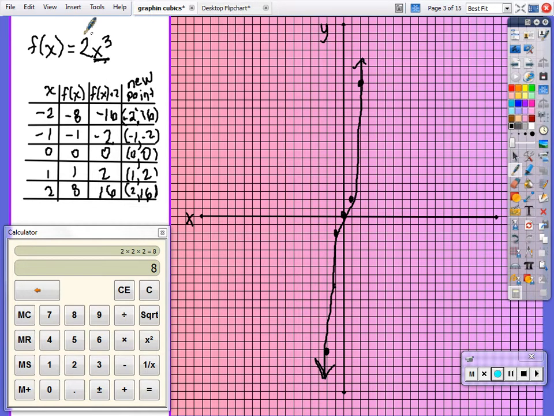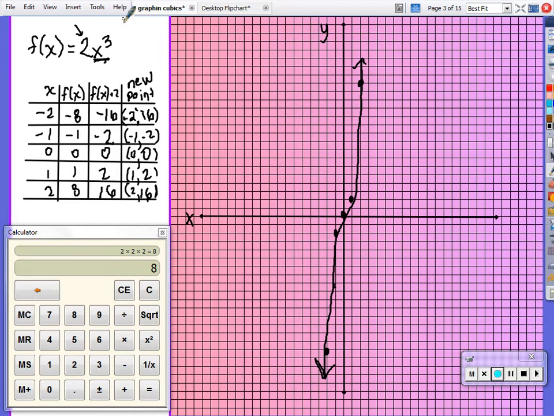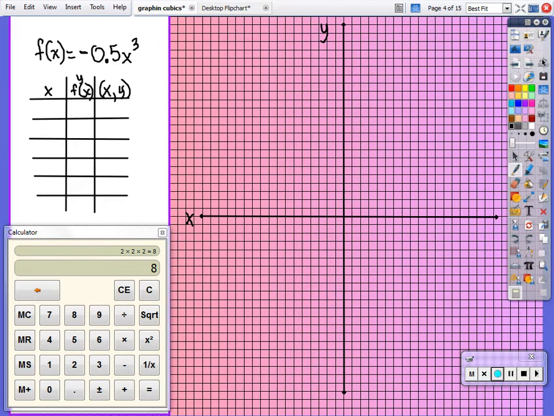So that's what happens when you throw a number greater than 1 on your x cubed. This time what I did was I threw on a fraction, and a negative fraction. So let's see what that does. Now remember, we're plugging in a -2, a -1, a 0, a 1, and a 2. If you recall, our original f of x, our y, was -8, so what we're going to do is multiply that by -1/2.